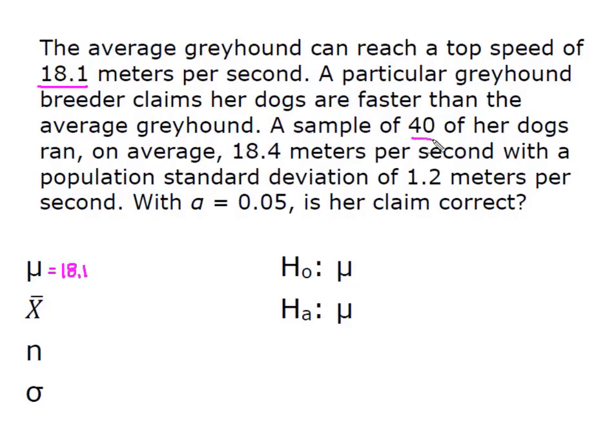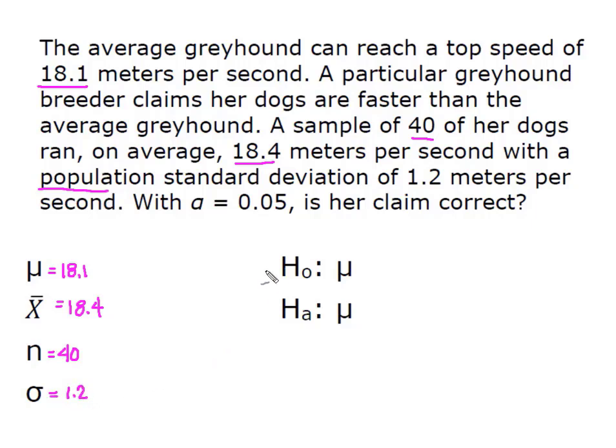We took a sample of 40 dogs, so n is 40. And they ran on average 18.4 meters per second, which gives us our sample mean of 18.4, and we had a population standard deviation of 1.2 meters per second.